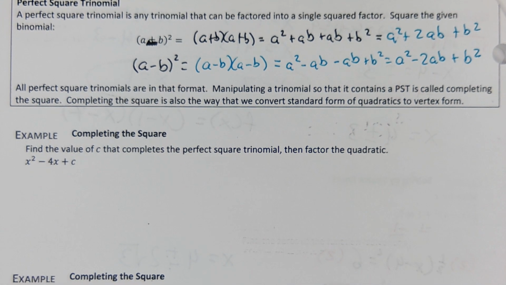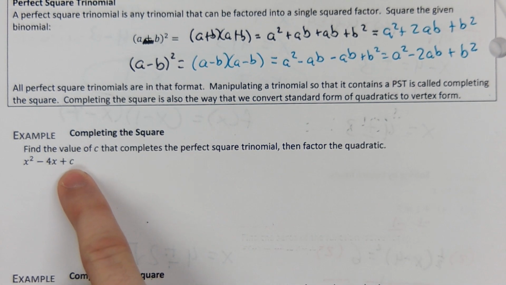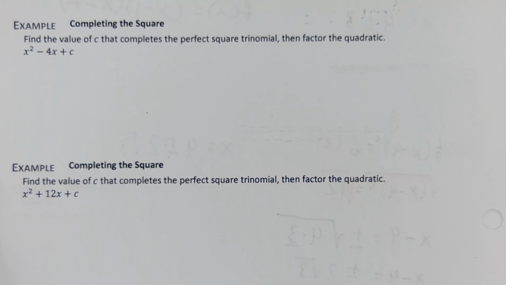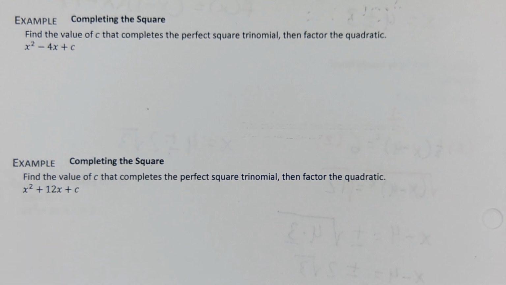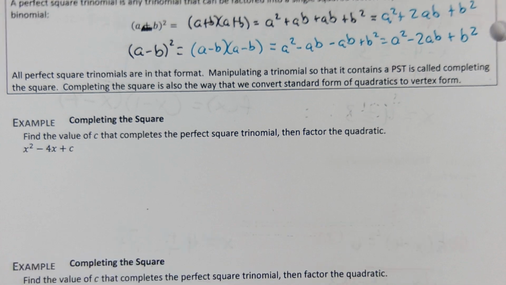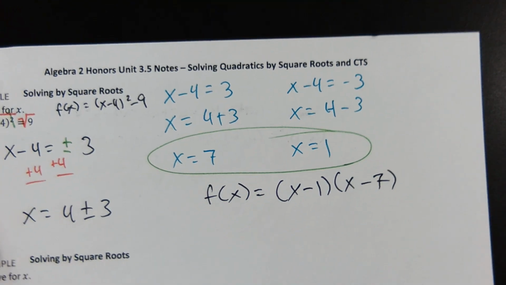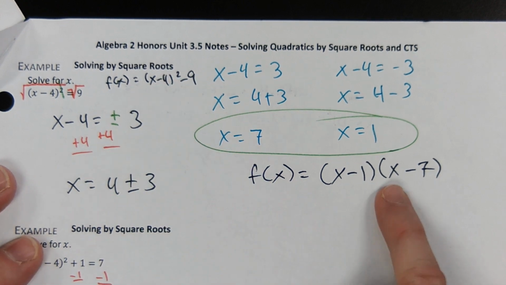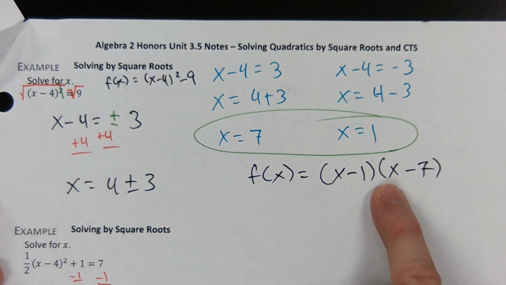It involves finding what I like to call a magic C value. On the front, we converted this vertex form to intercept form without graphing, because we were able to see its solutions.